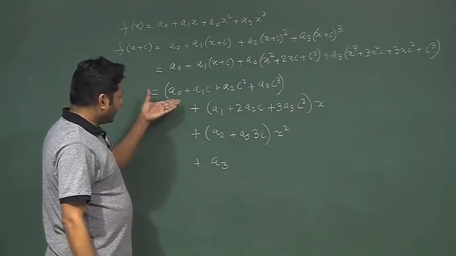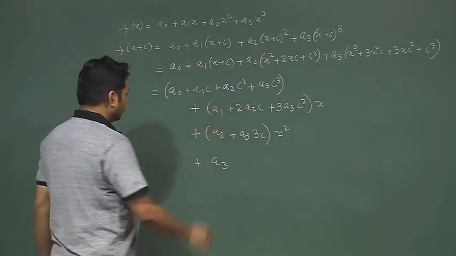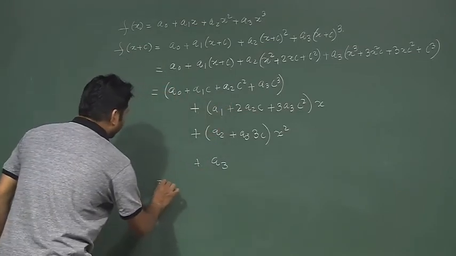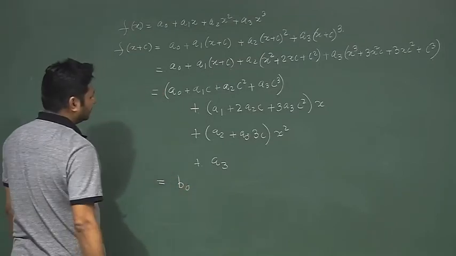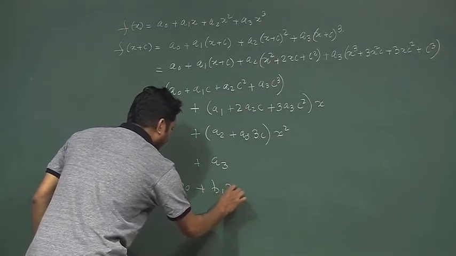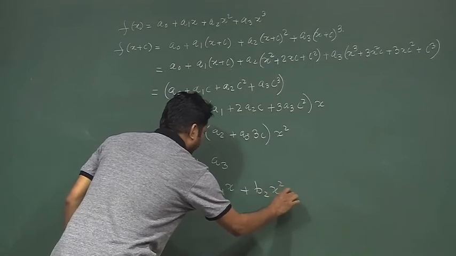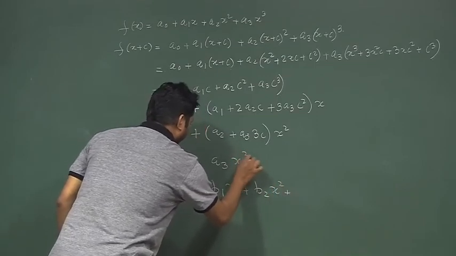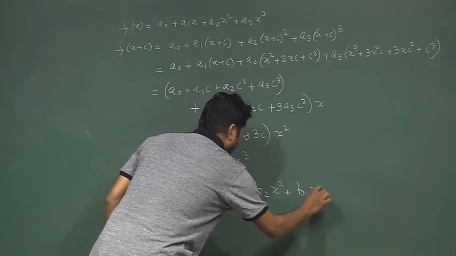So even though I am changing these things, there is a new set of coefficients. If I write this in terms of the new coefficients, it will be b0 plus b1 x plus b2 x square plus b3 x cube.